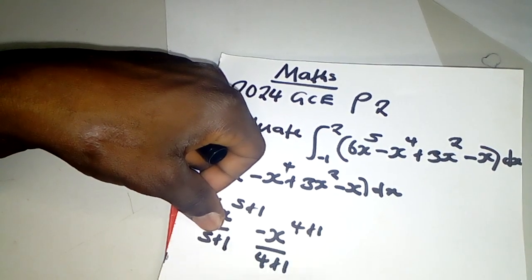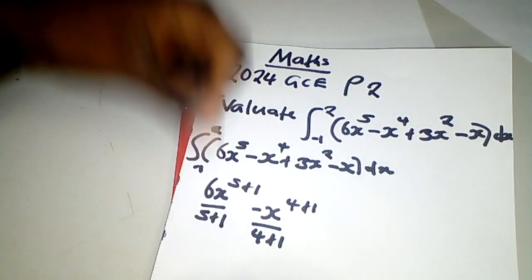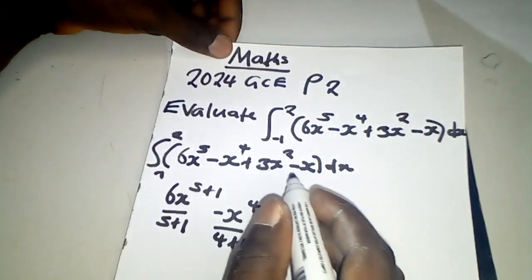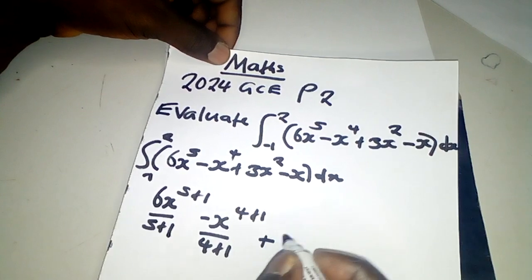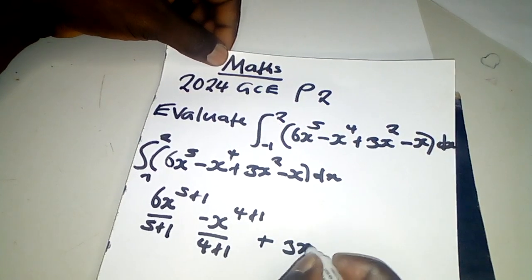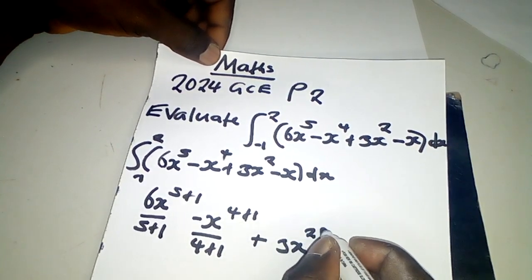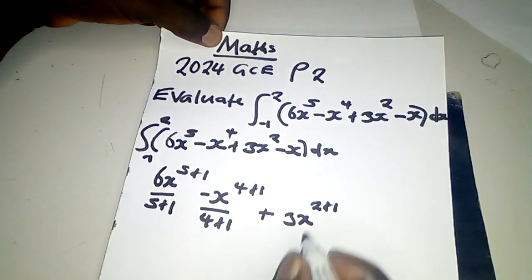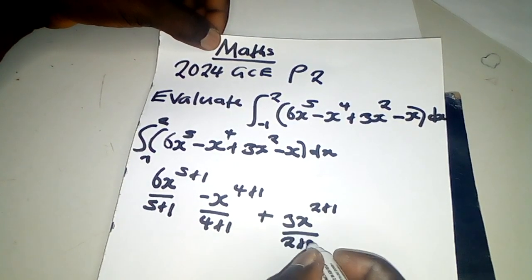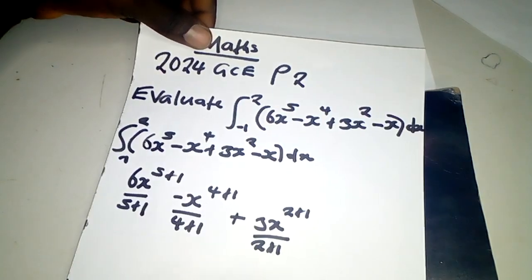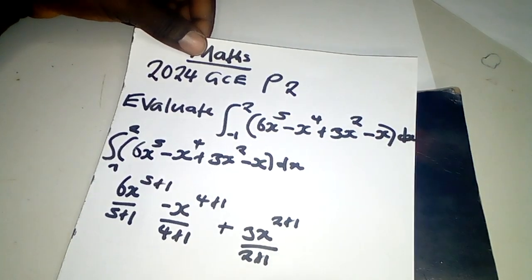So 4 plus 1, like that. Very simple. Also, we're going to do this on this part, which is the plus. So we have got 3x, the power is 2, we increase this by 1, and we are going to divide by this 2 plus 1 here. Okay, so we are going step by step.